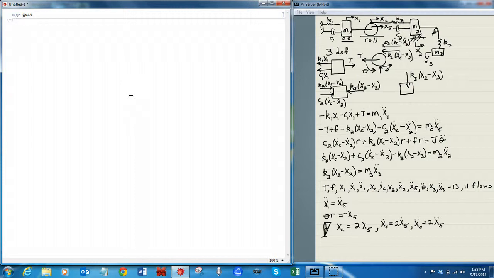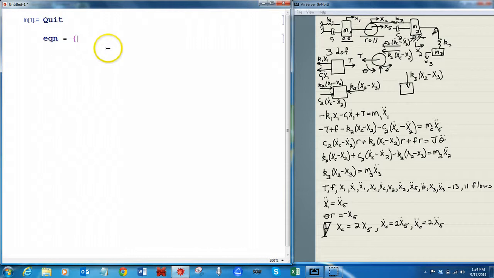So anyway, what I'm going to do is just type in the equations. I like to call them EQN, and there's a set of them, so I'm going to use a curly brace. Maybe I should increase the zoom. Okay, make it 200%.